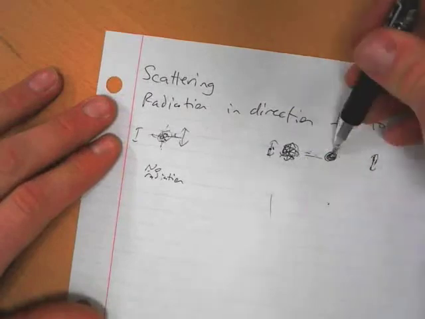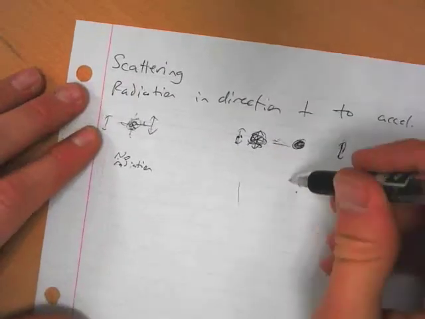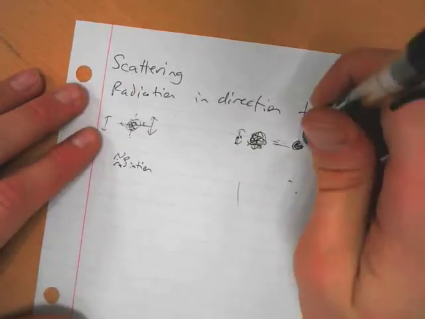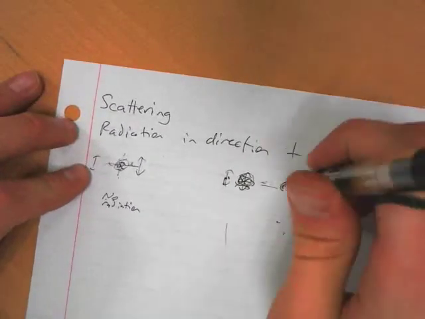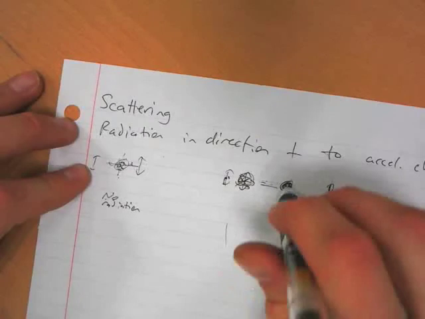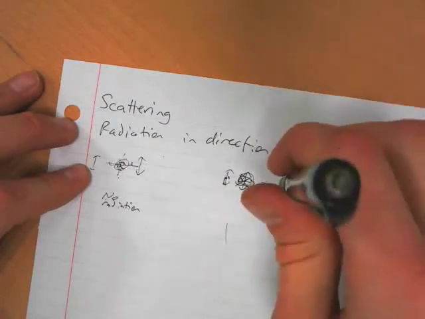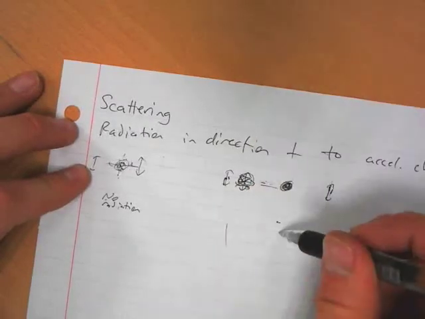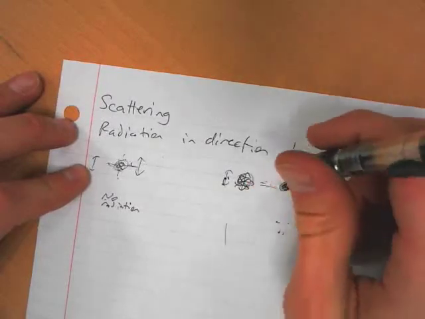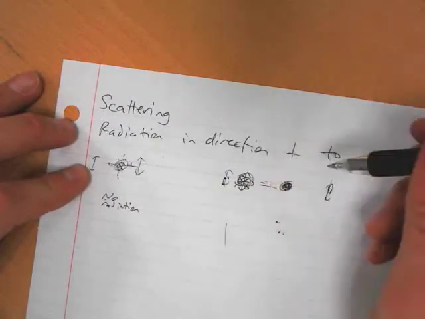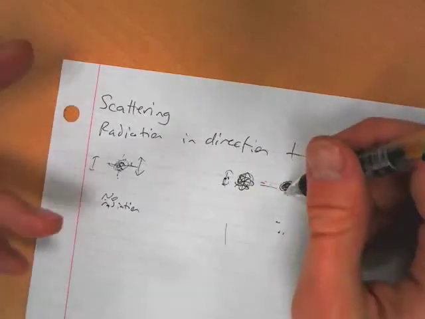Well, if you're down here, the component of the oscillation into the page or out of the page is what is perpendicular to you. Whereas the component that's in the plane of the page is in the same direction as your line of sight.